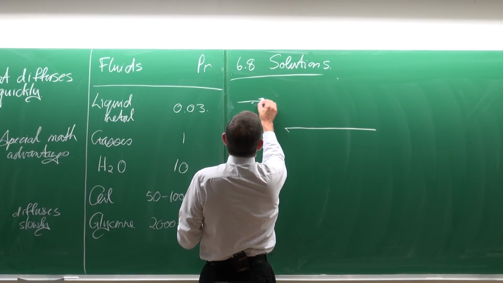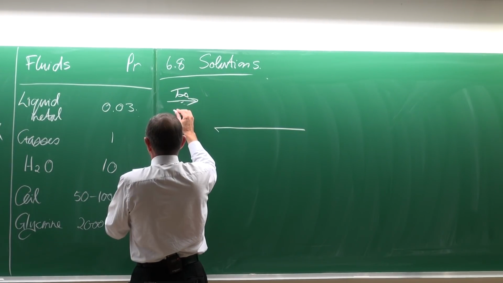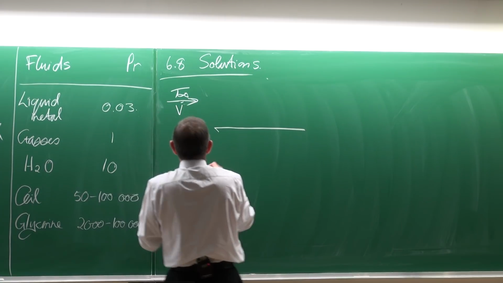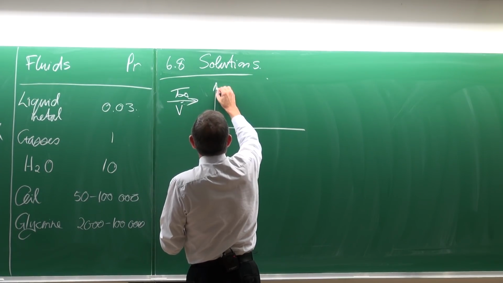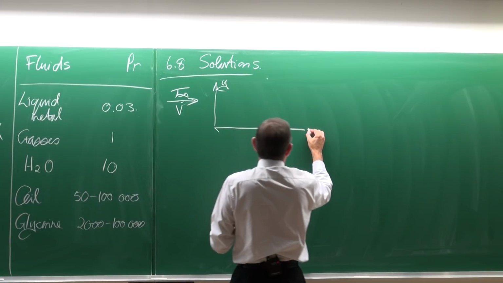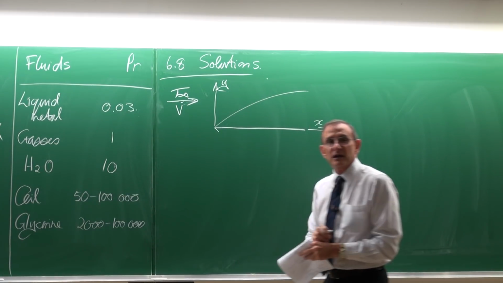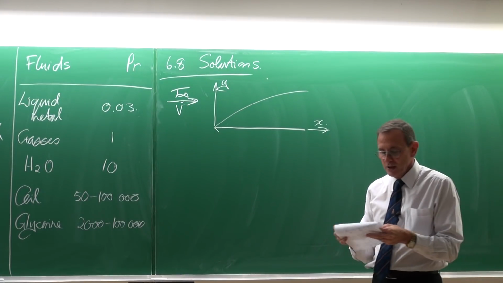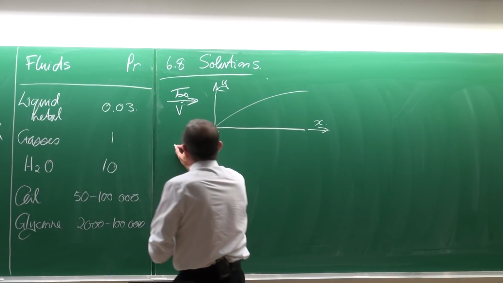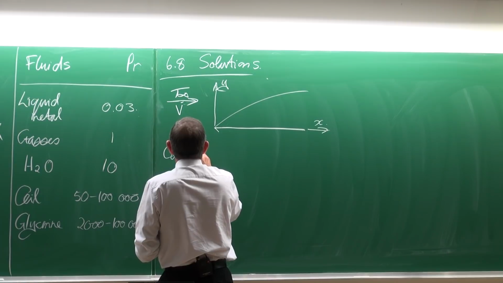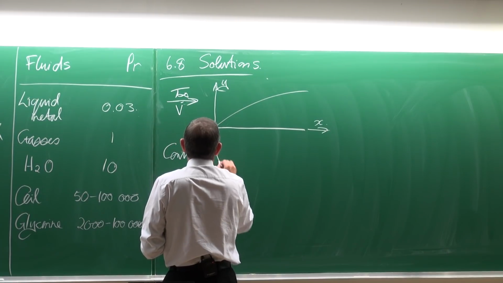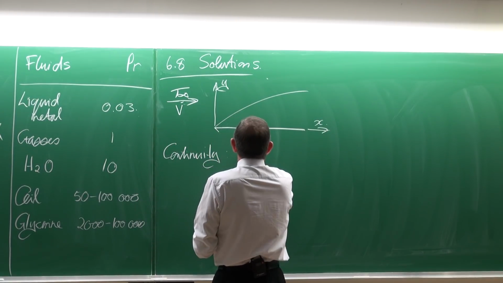So it is at a specific temperature T infinity with a velocity V, and that would be the coordinate system, there would be Y, and that would be X, and that would be the boundary layer that forms in laminar flow.